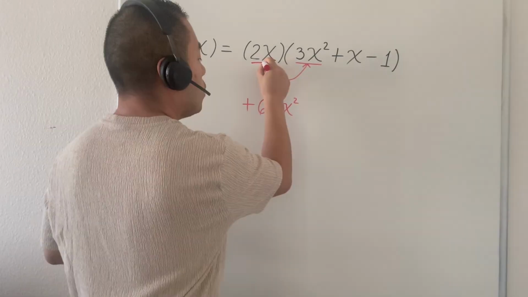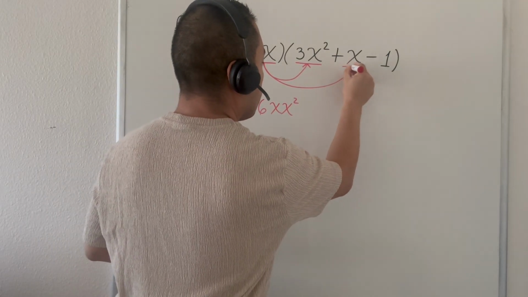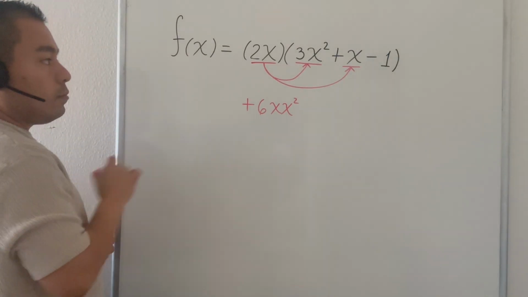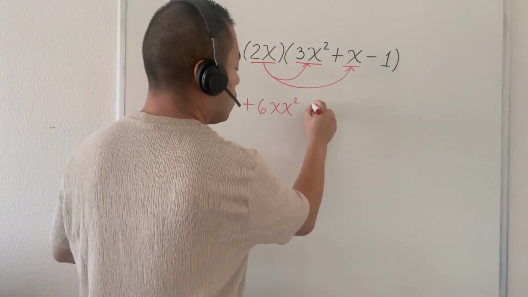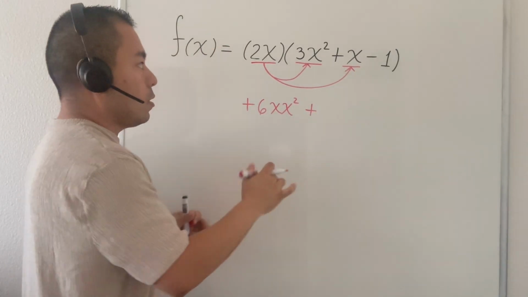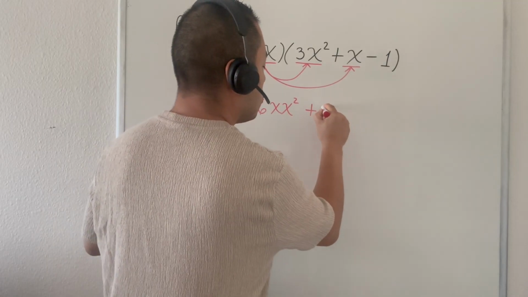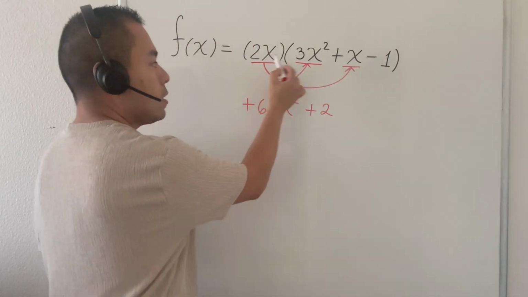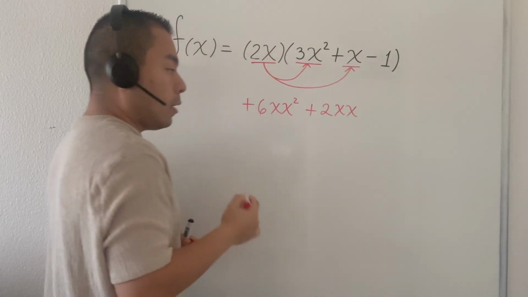Second, this term here by this term here. Plus by plus equal to plus. The same procedure. Now coefficients, 2 by 1, 2. And the variables, x by x, x, x. Okay?